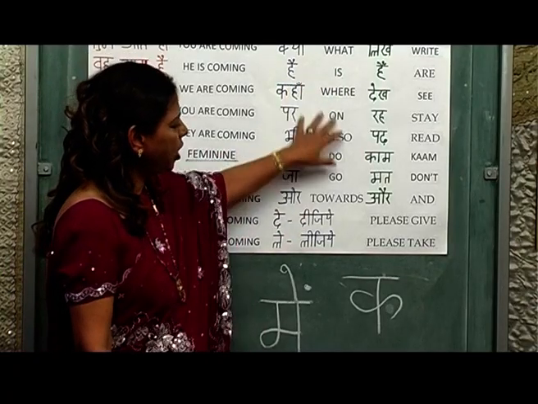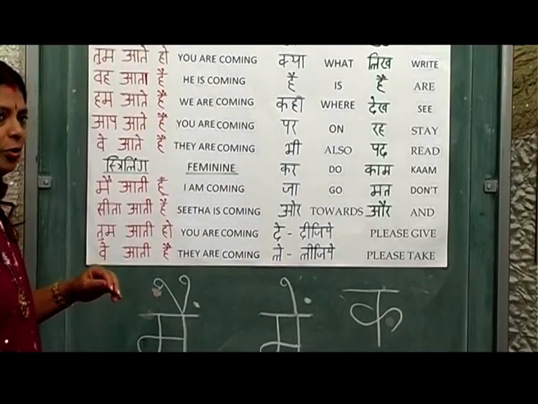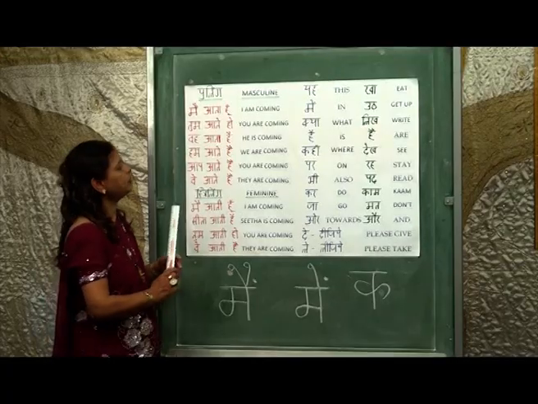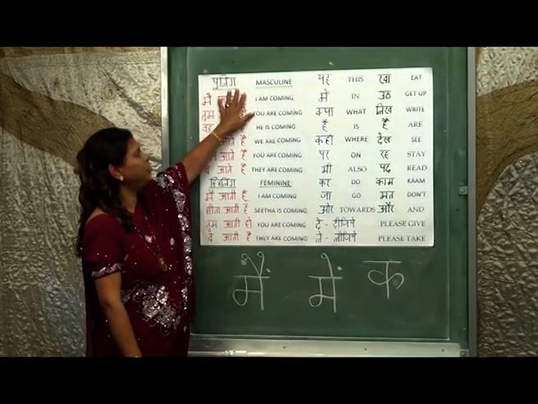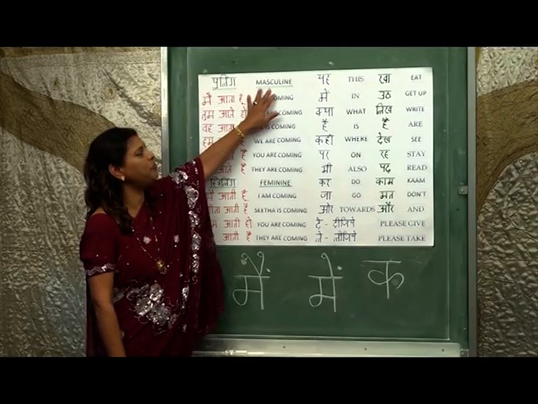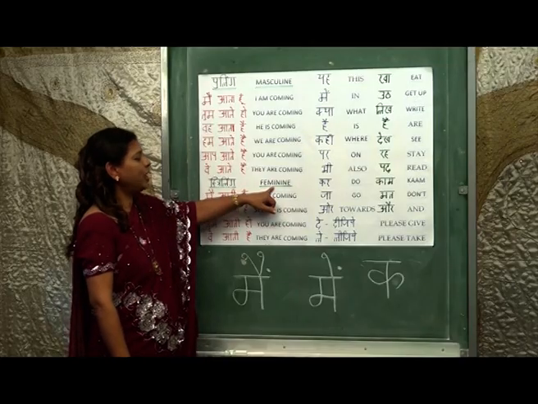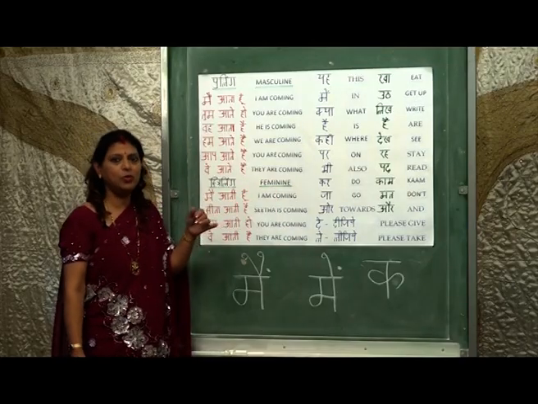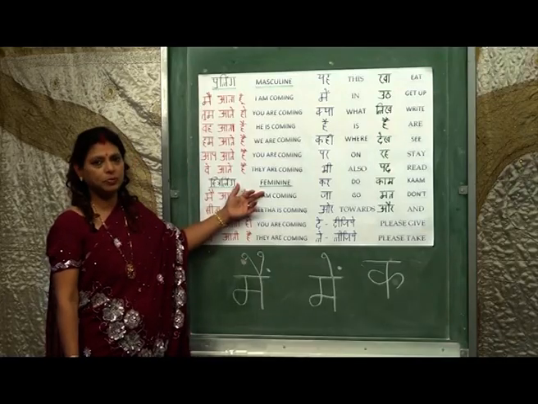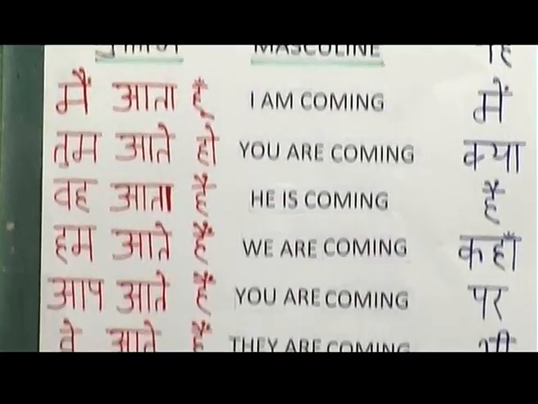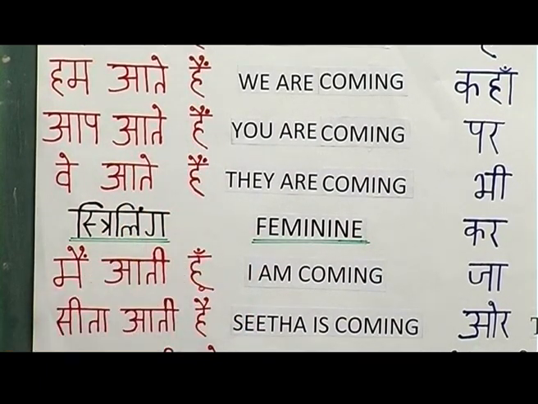Alright, I hope you have understood that part of it. Now we're going to make a few sentences. Now if you listen and if you look, you will see I have at the top here masculine and feminine. Alright, in Hindi, those are the rules that we follow, masculine and feminine. And just now you will understand why when I explain the sentences to you.